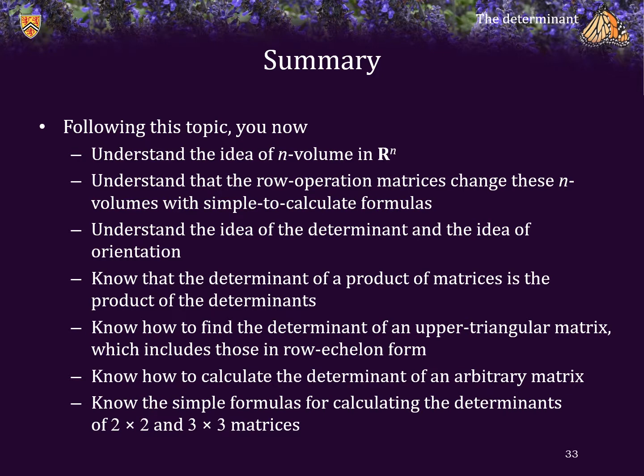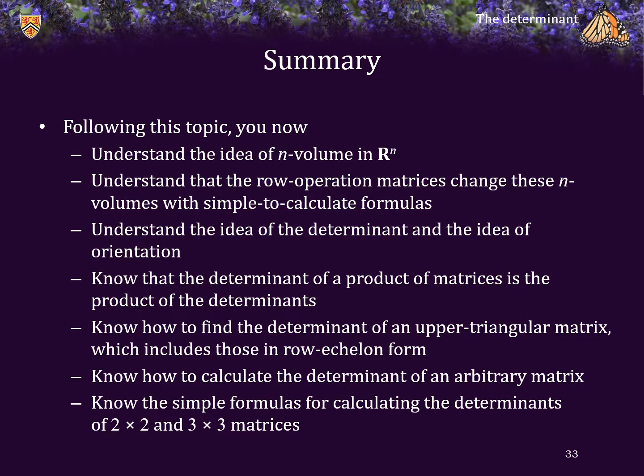So following this topic, you now understand the idea of n volume in R to the n. You understand that row operation matrices change these n volumes with simple to calculate formulas. You understand the idea of the determinant and the idea of orientation and how a matrix can flip an orientation.